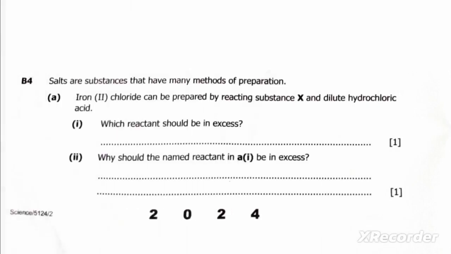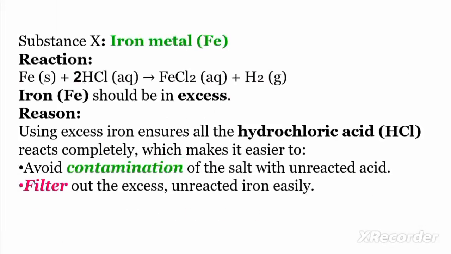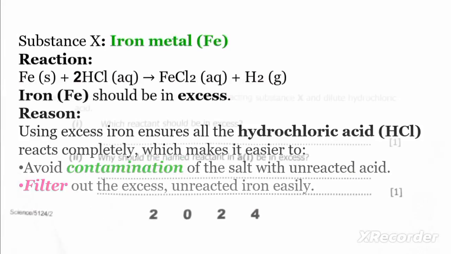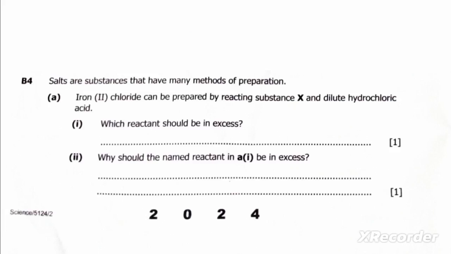Then we need to filter out excess and unreacted iron. So therefore we are going to say substance X should be in excess, and this substance is iron metal.